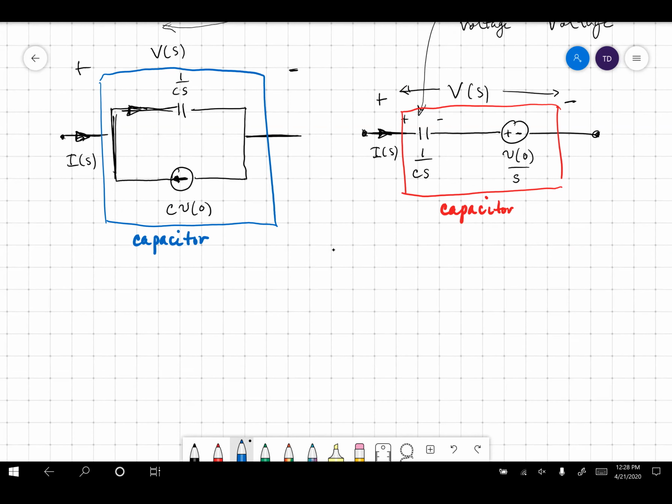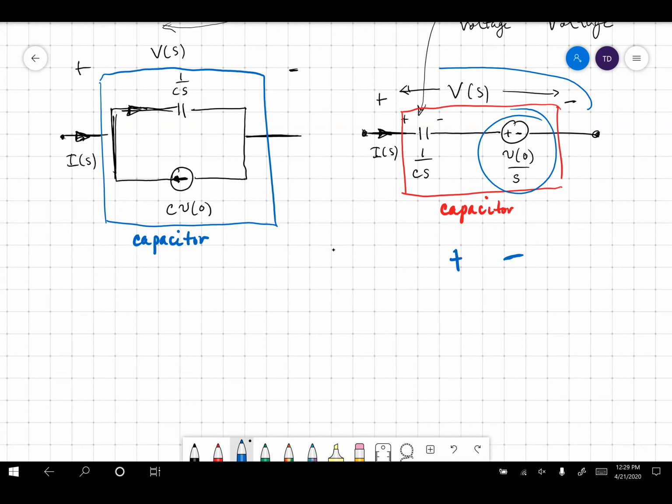So the last time we looked at the inductor, now look at the capacitor. Look at what this source does right here for the capacitor. It wants to push a voltage in the plus minus direction, which wants to push current backwards. Think about why.